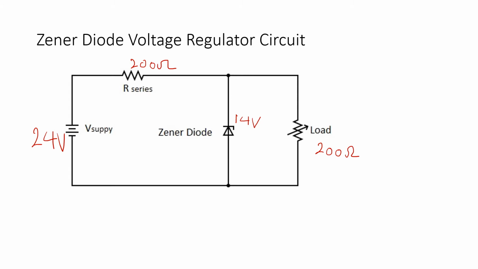Now, looking at this circuit, we cannot tell right away if voltage regulation would result. So the first thing we do is to disconnect the Zener diode. So that's out of circuit, right? And now if you disconnect it, that would be our terminals.